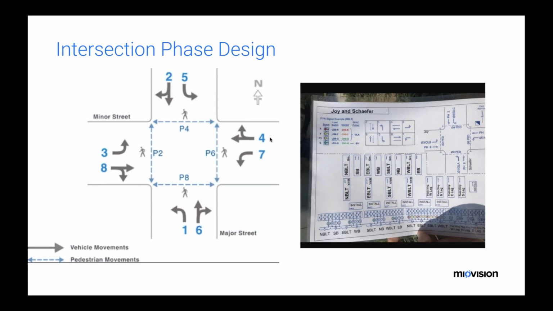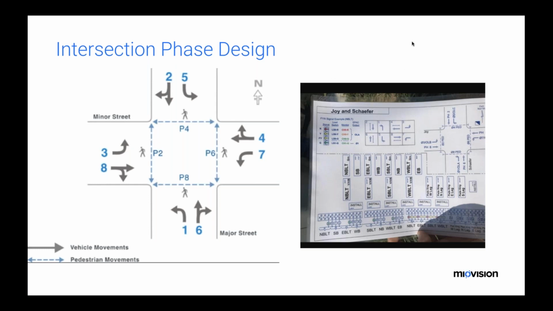So you can see here, phase 4 is the through and right turn. Phase 7 is our left turn movement. You add those two up, you get 11. And on the major, we have 1 and 6, totaling 7. So this is a pretty standard diagram for an intersection with 8 different phases, including the 4 pedestrian phases as well.